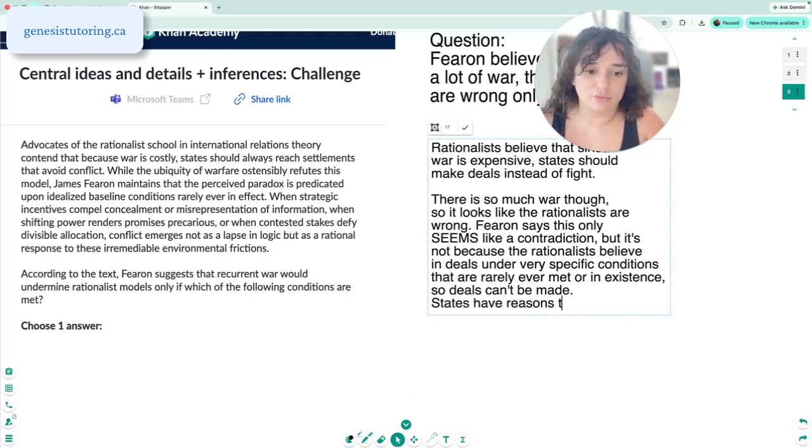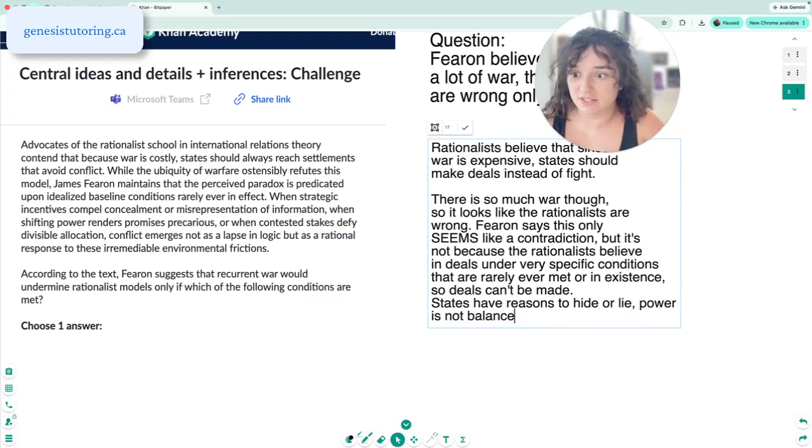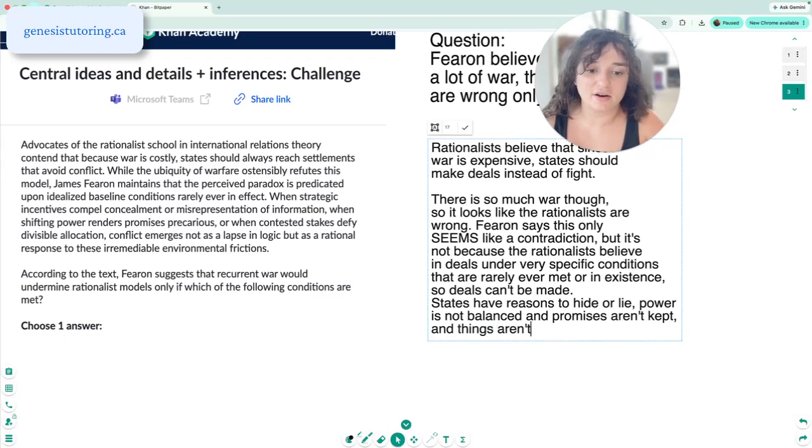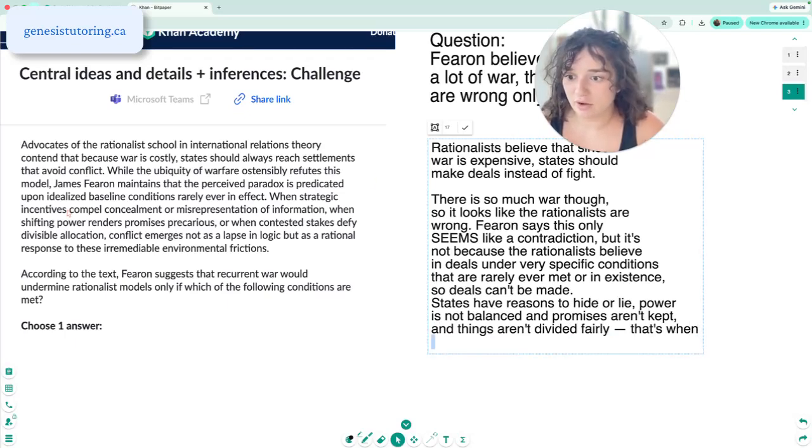States have reasons to hide or lie, right? Power is not balanced and promises aren't kept. And things aren't divided fairly. That's when conflict emerges. That's when we fight. And it's not because we're stupid or illogical.